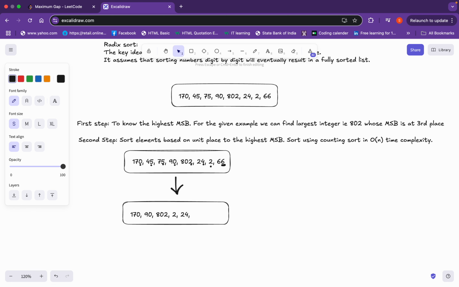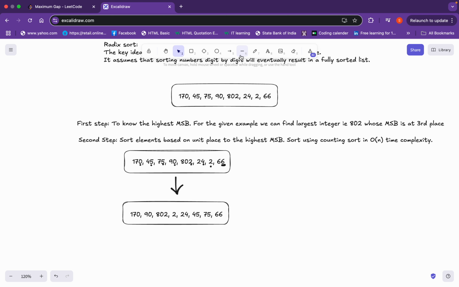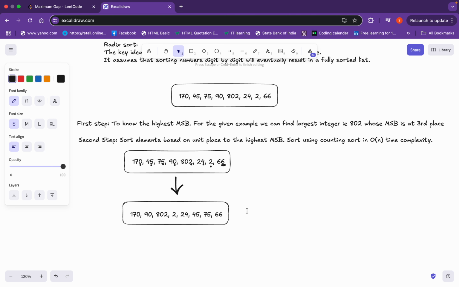Do we have 5 at unit place? Yes, 45, 75, nothing else. Do we have 6 at unit place? Yes, 66. Do we have 7 at unit place? No. 8, no. 9, no. So this is the result after sorting using unit place.